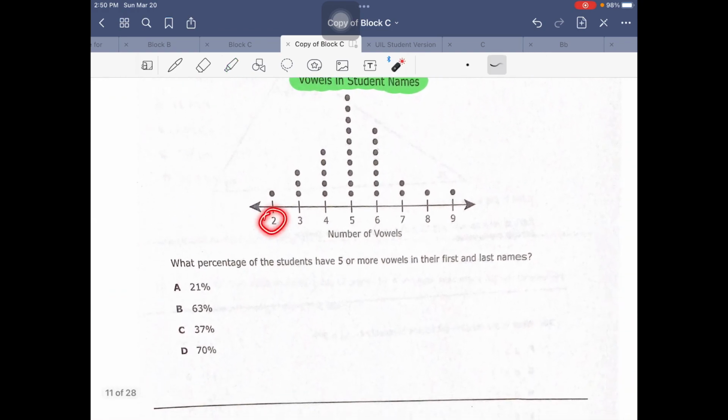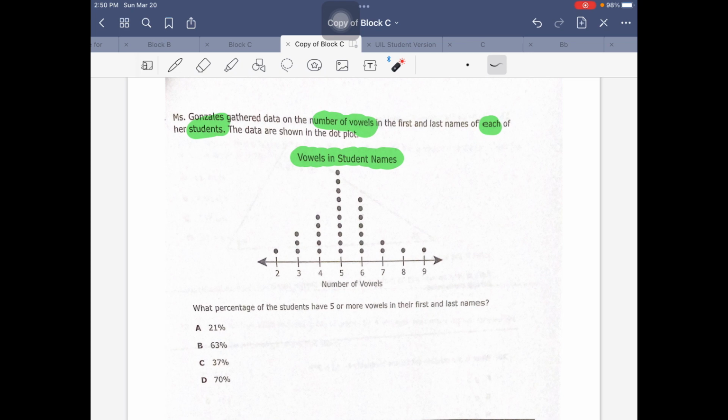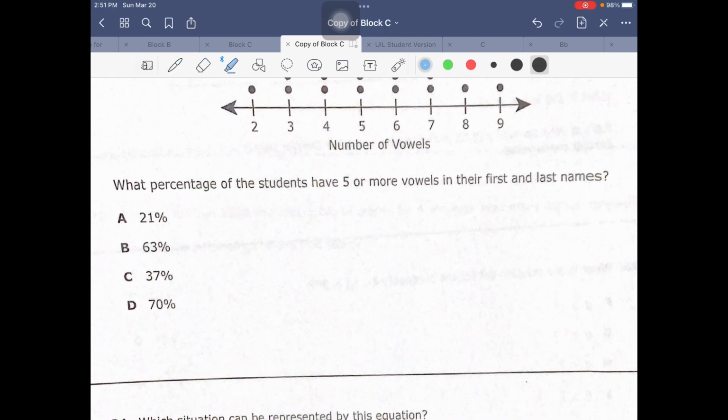You can see 2, 3, 4, 5, 6, 7, 8, 9. It depends on their first and last names. What percentage of students have 5 or more vowels in their first and last names?